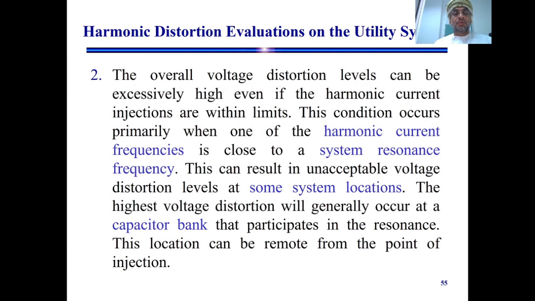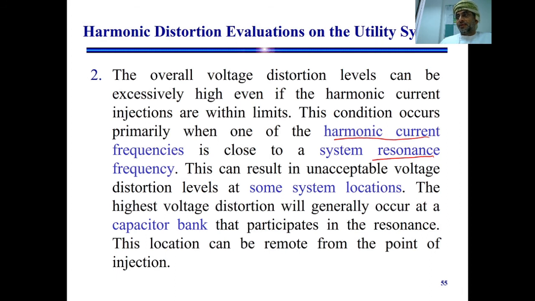And the second point that we need to consider is that the overall voltage distortion level can also be high even if the harmonic current injections are within the limit. This condition occurs primarily when one of the harmonic current frequencies is close to the system resonance. So this is another thing that we need to look at, a resonance problem.